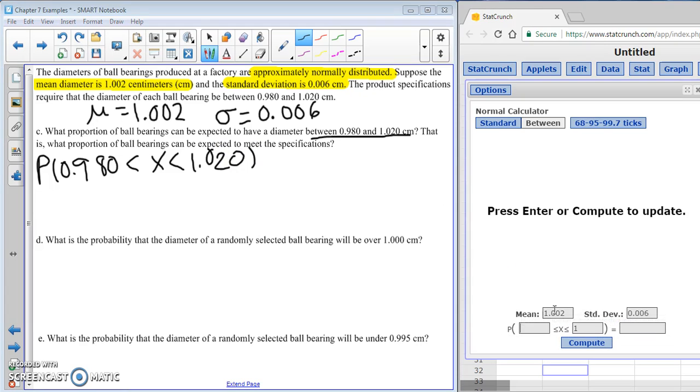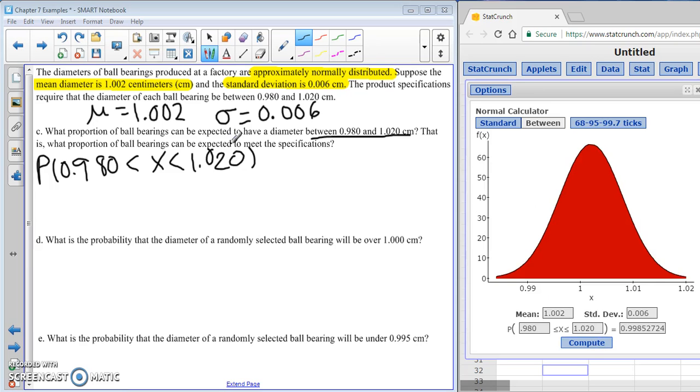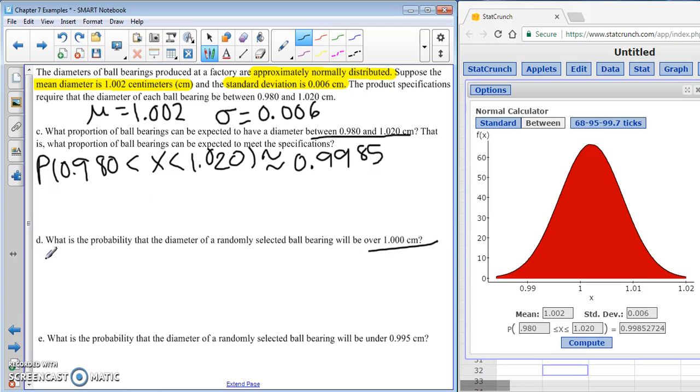So I'm going to change our given values and hit compute here. So this is approximately 0.9985.